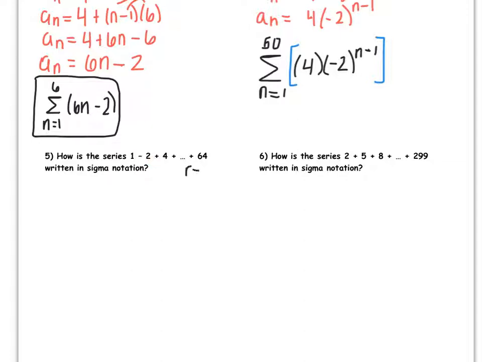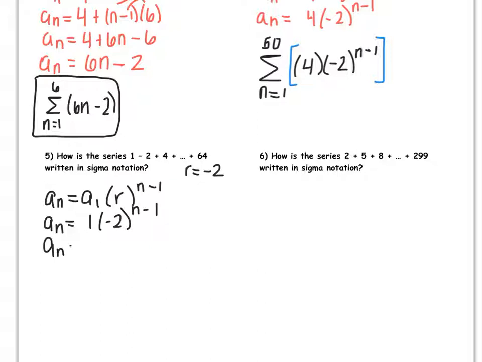So it looks as though my common ratio is negative 2. So the first thing I want to do is write my explicit formula. So a sub n equals a sub 1 times r to the n minus 1. A sub n equals 1 times negative 2 to the n minus 1, which reduces to negative 2 to the n minus 1.